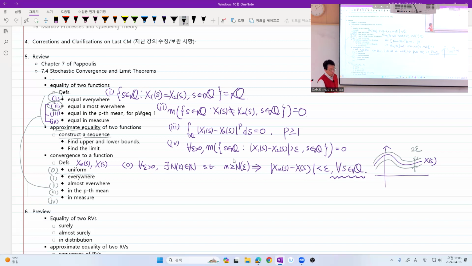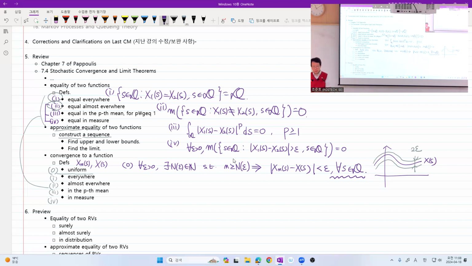And if this is possible for every s in the domain, then we say that the sequence converges uniformly. And this is much stronger than convergence everywhere.